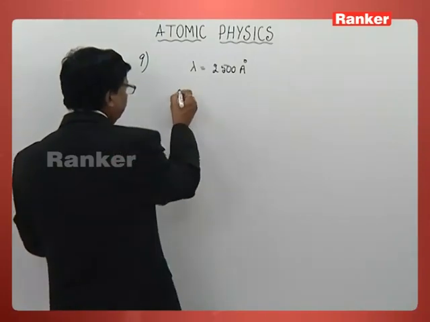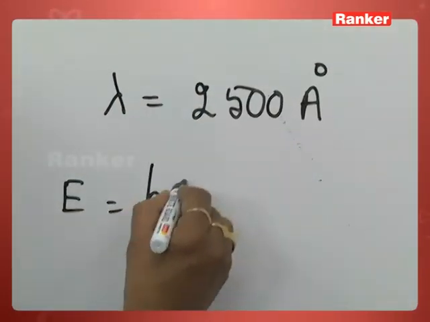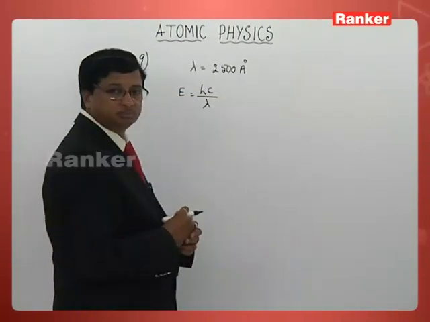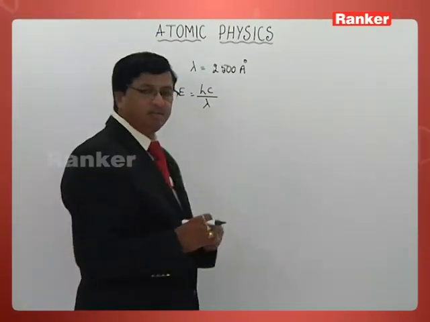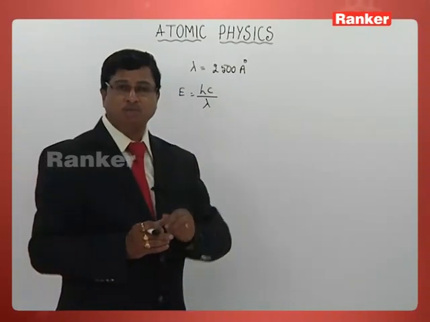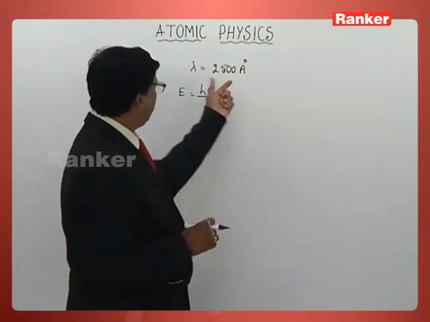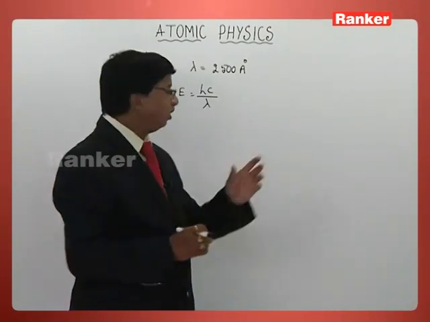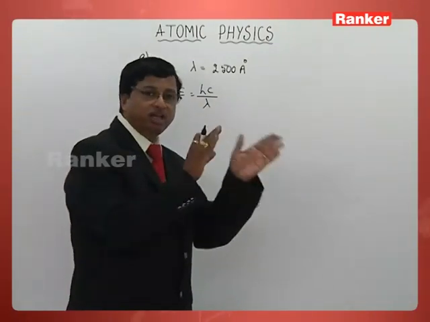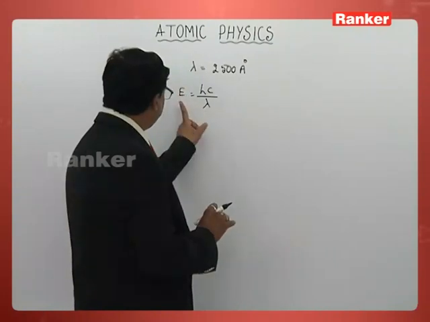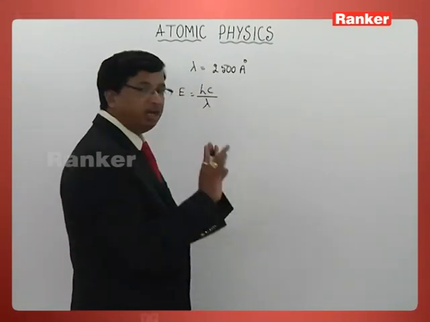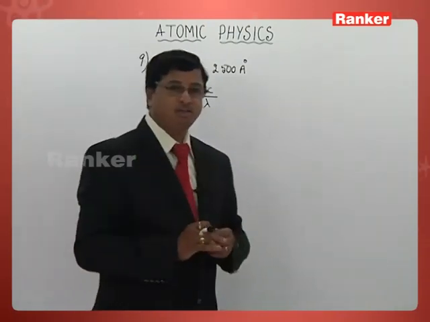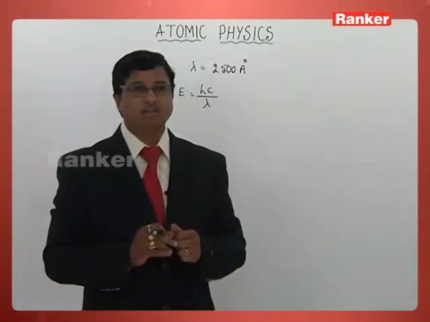What is the energy of this light? hc by lambda. All of you can understand, this is light, it means I am talking about a photon. A photon of this wavelength is incident on the photometal. Then what would be its corresponding energy? Energy E is equal to hc by lambda. But most of you must know there is a shortcut method for this calculation.